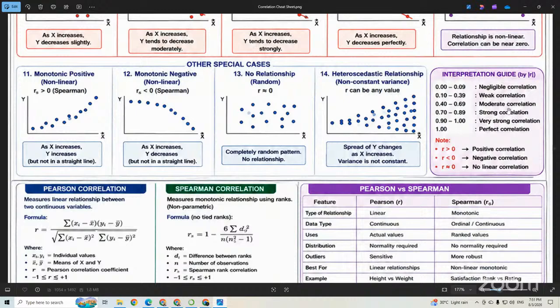And here you can see the values. If you go through this, it will help you understand how strong, weak, or moderate the correlation is according to the values of r. This table is given here.